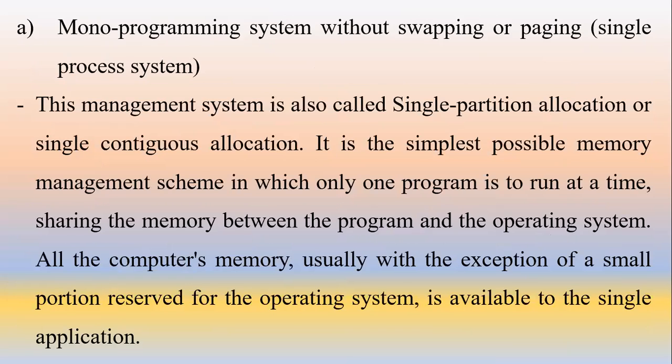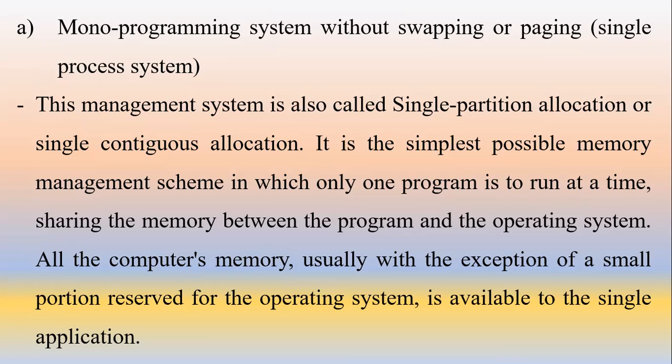Let's look at the monoprogramming system without swapping or paging, or what we call the single process system. This management system is also called single partition allocation or single contiguous allocation.